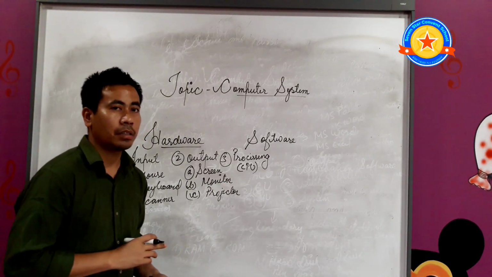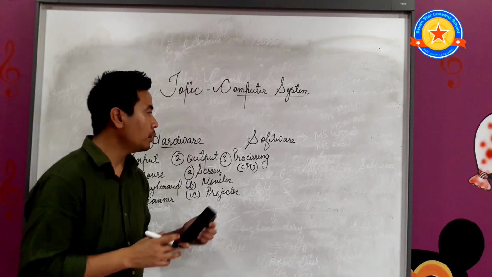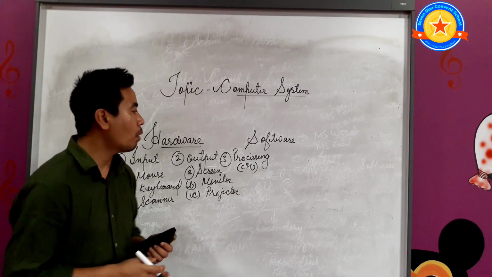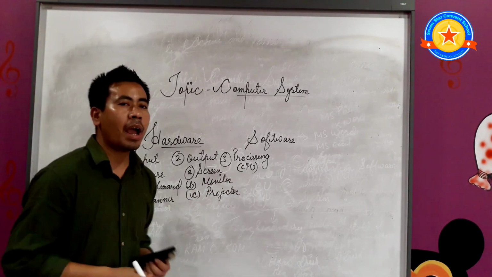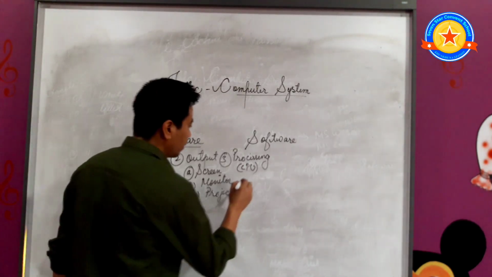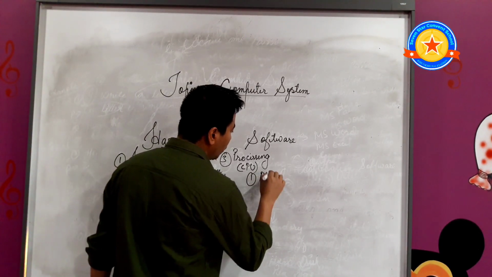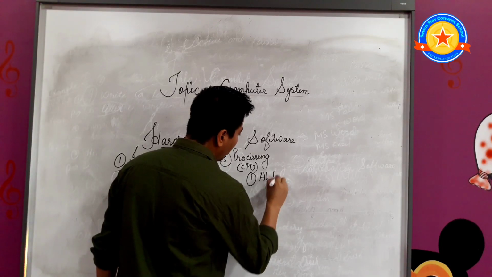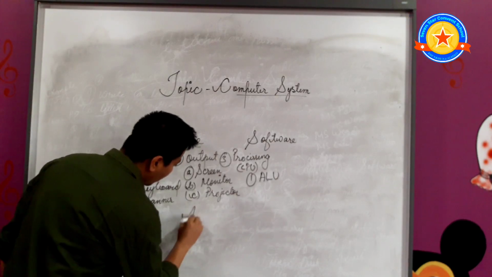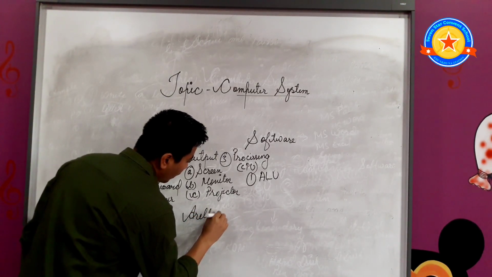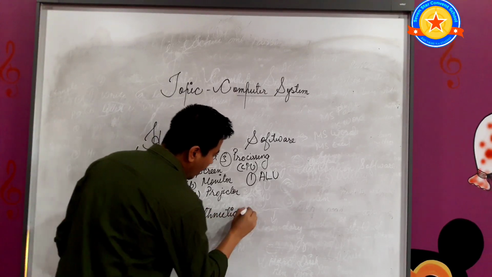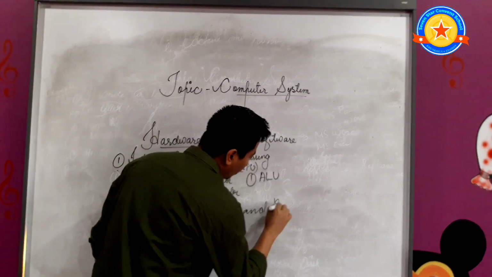Processing device: CPU is the main processing device of the computer and it is known as the brain of the computer. CPU has three parts. Number one is ALU. ALU stands for arithmetic and logic unit.